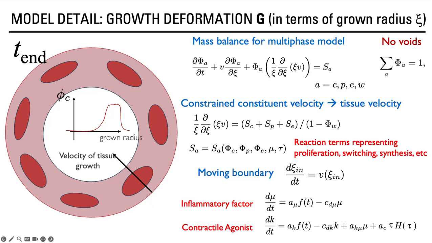And the contractile agonist, K, feeds into the mechanics model, which I'll show you in a second, but we can apply that exogenously. It resolves through binding with receptors and so on, and it can be produced either through inflammatory factors or through some stress-dependent term, this activation of growth factors, which act as agonists as well.